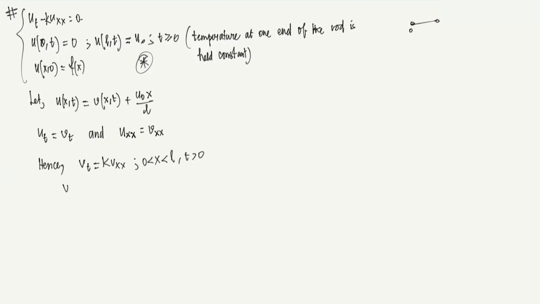And v at 0,t equals v at L,t equals 0. If you put x equals L, u of L,t equals u naught, and that equals v of L,t plus u naught times L by L. So the u naught and u naught cancel, and v becomes 0.